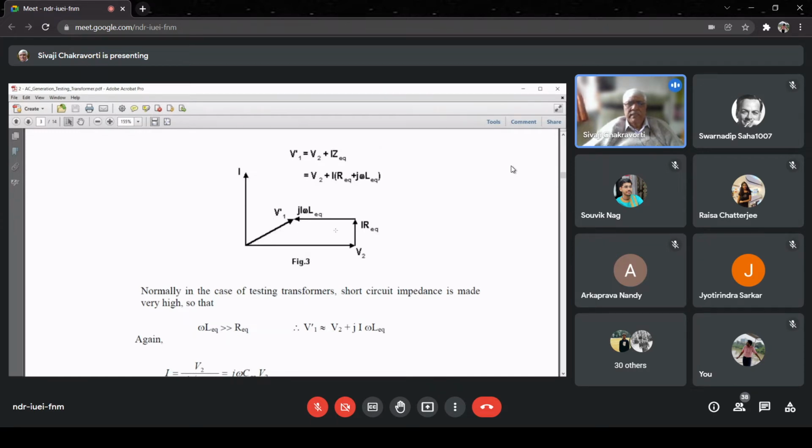Now what is happening here is that this inductive voltage is becoming in phase opposition to V2. And as a result, what happens? V1 prime becomes less than V2. In other words, the voltage regulation becomes negative.